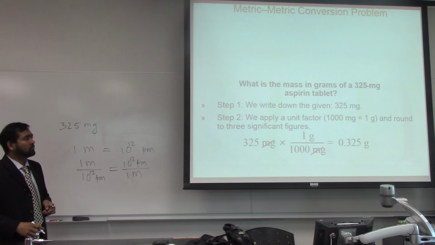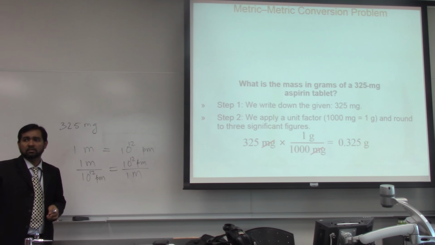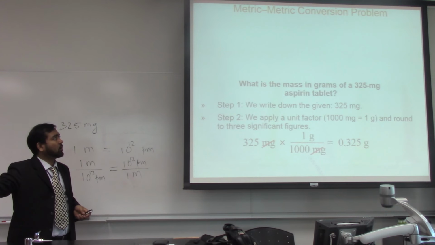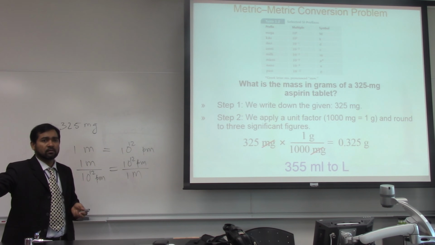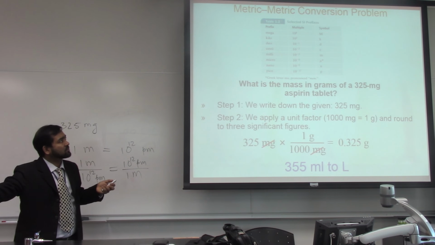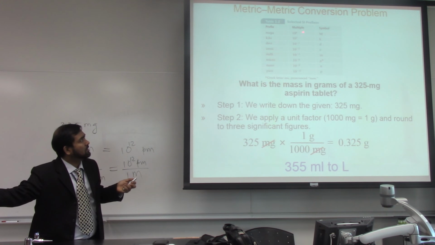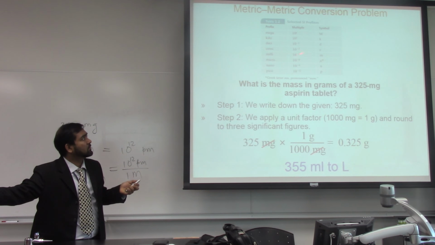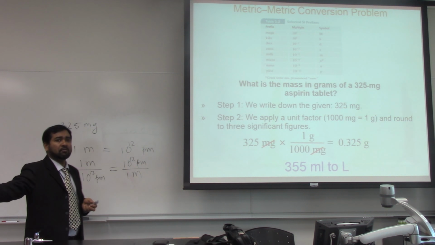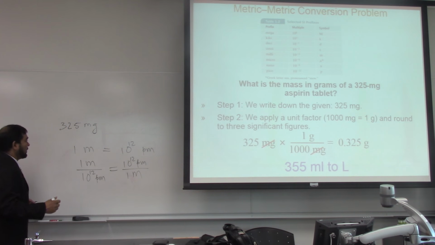Going to step two, you need to know the converting factor. From where? From the table. This is the table that you know of, right? And from the table you see milligram to gram is 10 to the 3. So how do you write the factor?